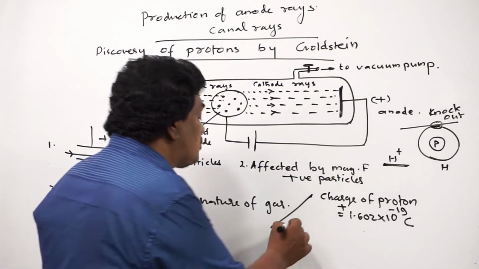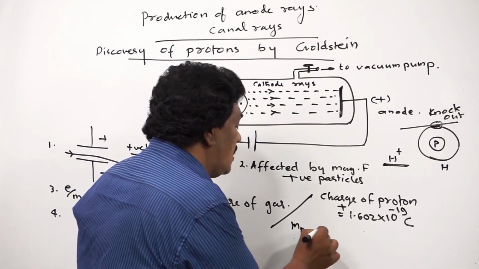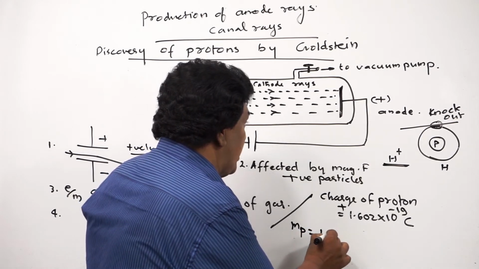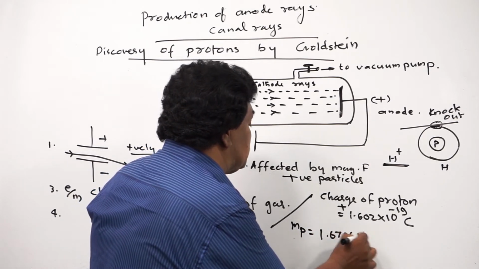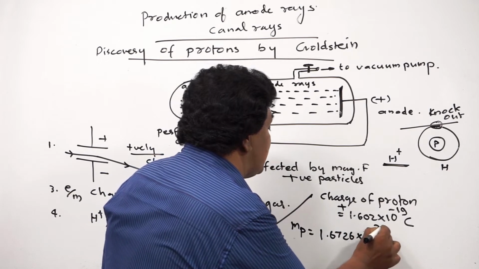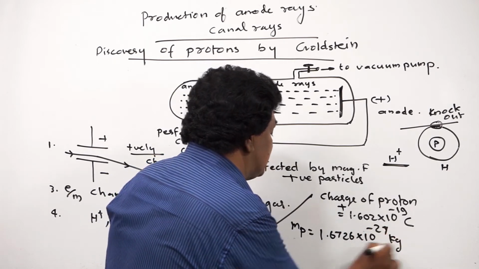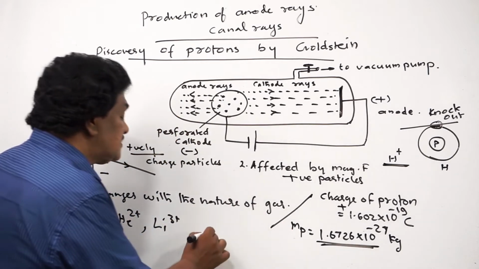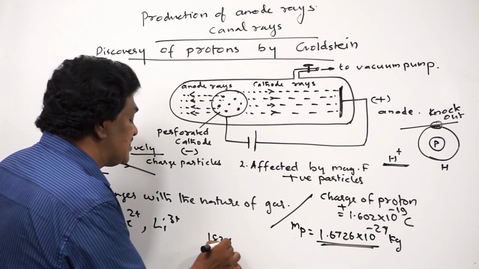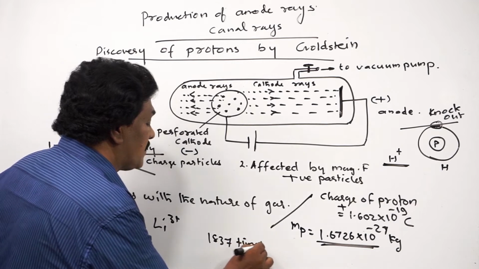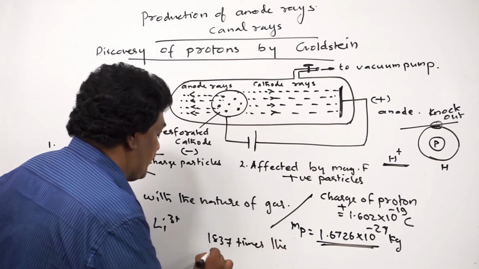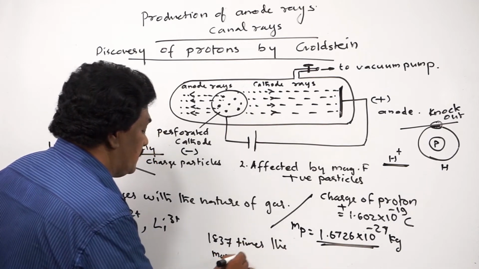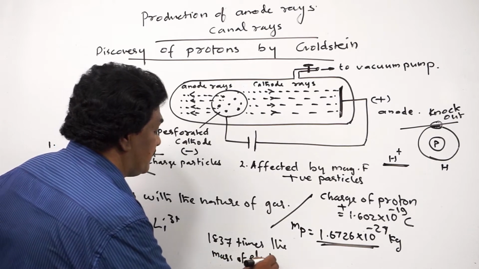This is called 1 unit positive charge, and the charge of the electron is 1 unit negative. Okay. Mass of the proton is 1.6726 into 10 raised to minus 27 kilograms. This mass is 1837 times the mass of the electron.